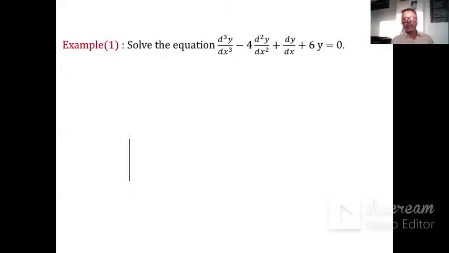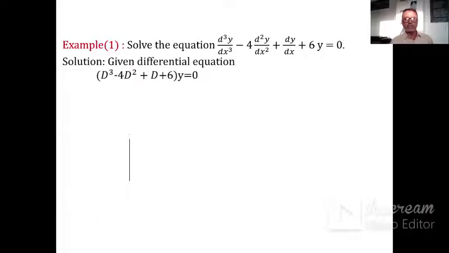Now see here, we see the first example. Solve the equation d cube y by dx cube minus 4 d square y by dx square plus dy by dx plus 6y is equal to 0. Now here this is the given differential equation.